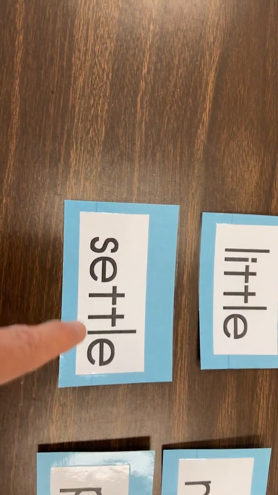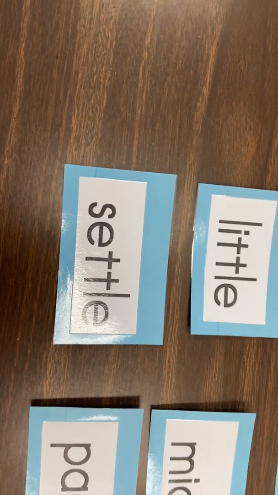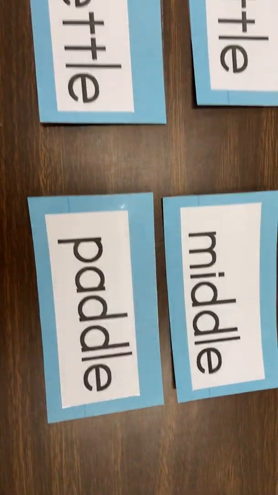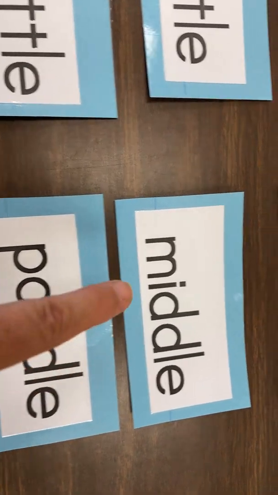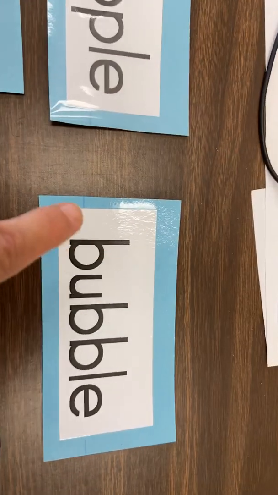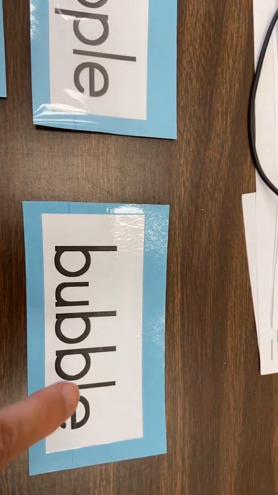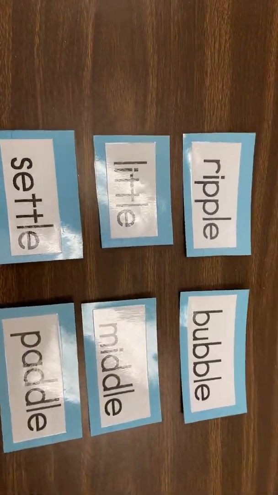Set, tull. Again, there's a T before that second syllable. Same thing with pad, dull, mid, dull, and bub, bull.